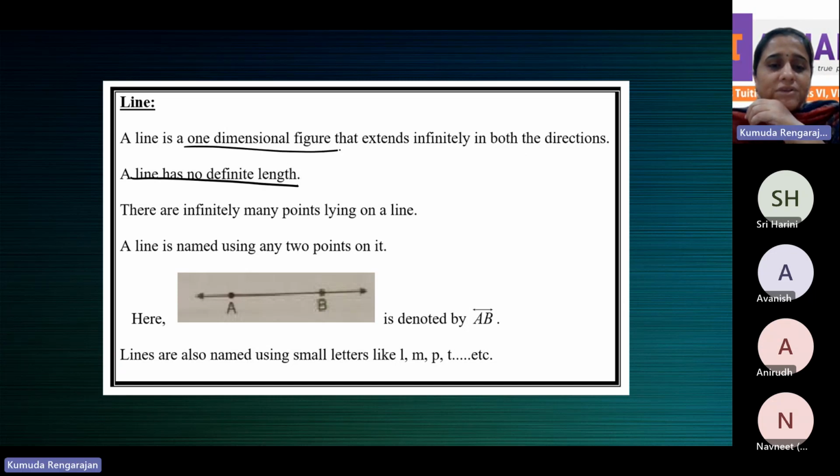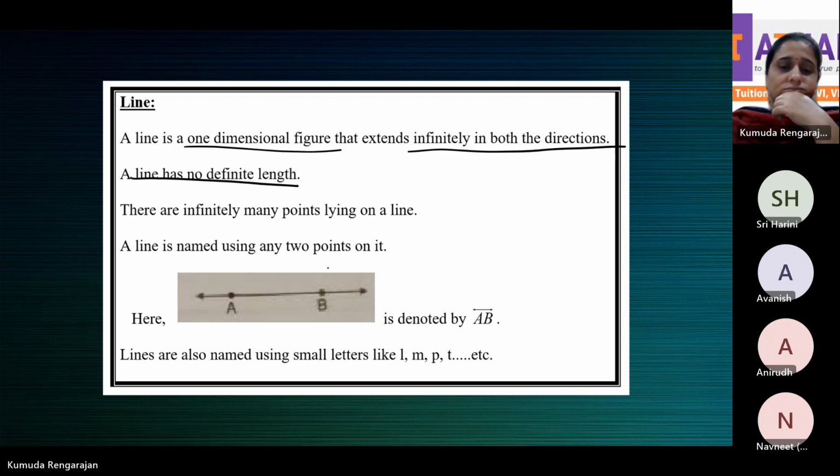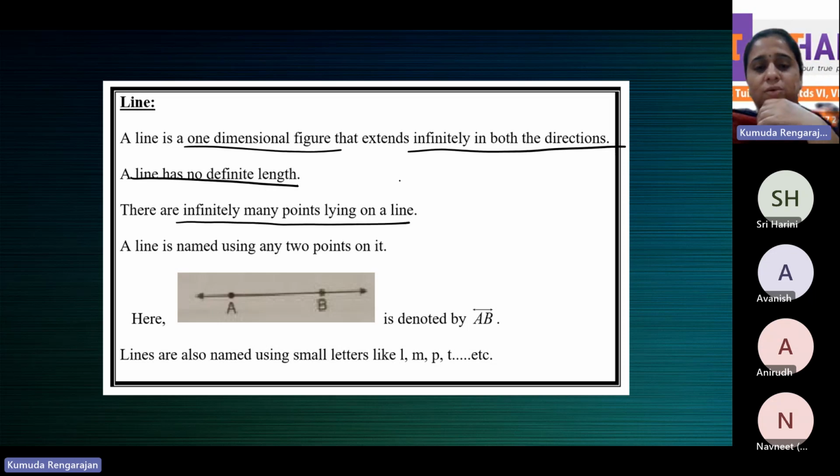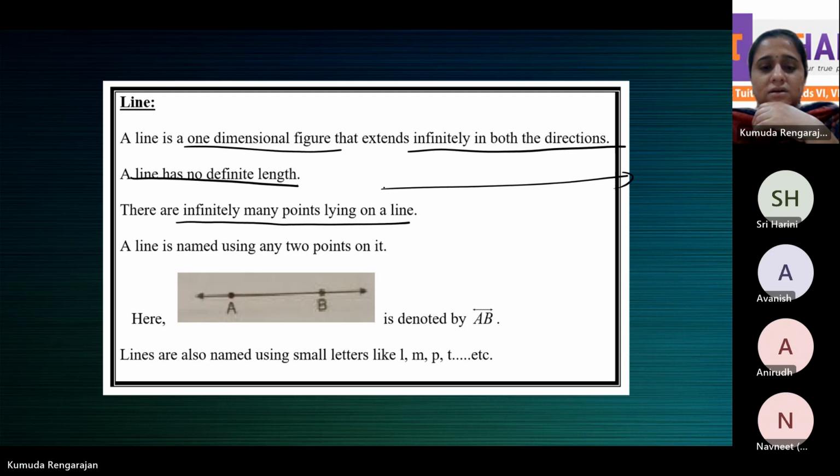A line is one-dimensional. It extends infinitely in both the directions. There are infinitely many points lying on a line.